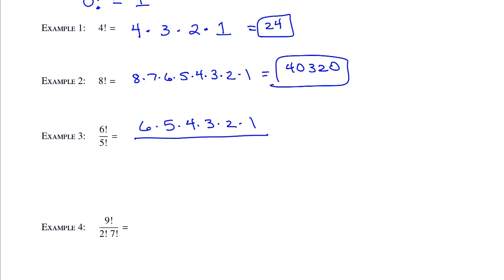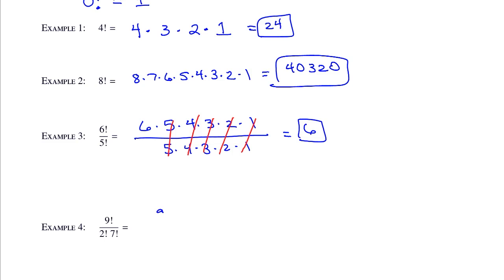So 6 factorial is 6, 5, 4, 3, 2, 1. And then 5 factorial is 5, 4, 3, 2, 1. And so what happens? These all cancel and leave us with 6. And same thing here on example 4.